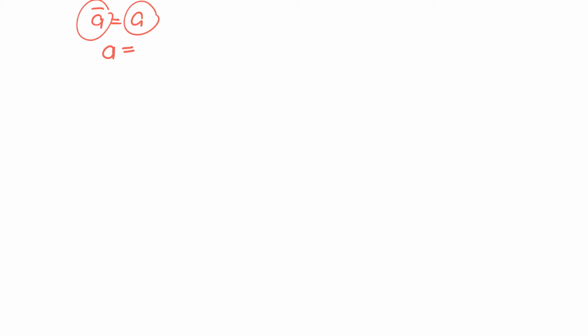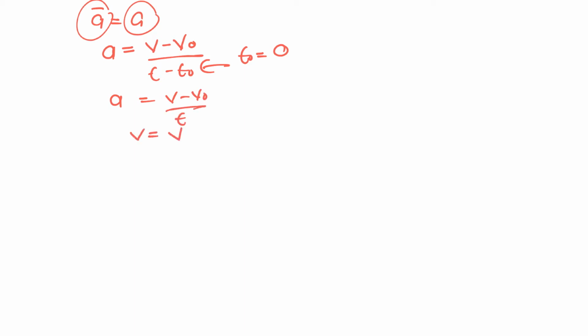The average acceleration is v final minus v initial divided by time. Here you choose your t0, or initial time, as 0. So you get a equals v minus v0 over t. Rearranging the equation, you get v equals v0 plus at. This is the first equation.